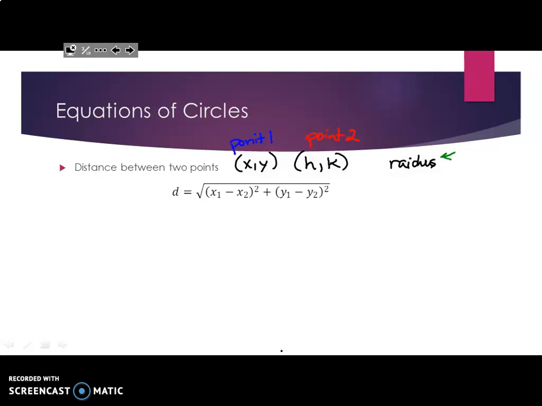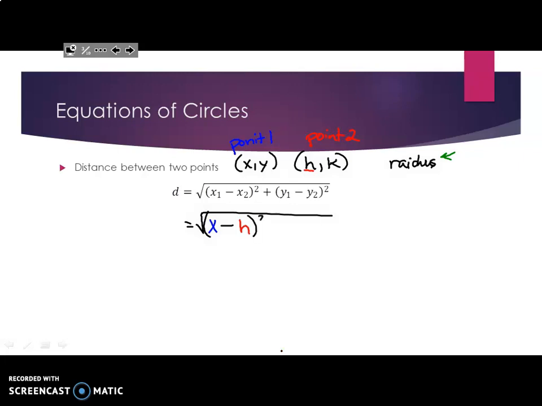Okay? So I'm going to plug in. I've got d equals, we'll do the d in a second, square root of x sub 1. So my first point here is just an x. So I've got x sub 1 minus my x sub 2 would be an h.